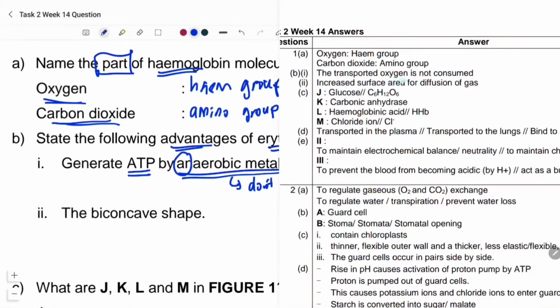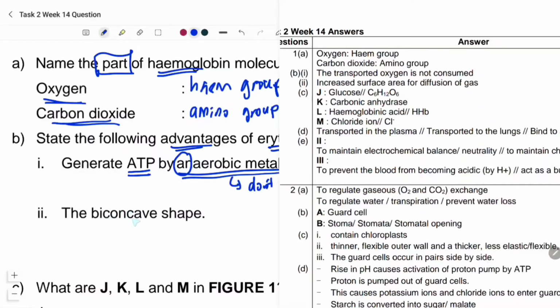Kesannya whatever amount of oxygen yang red blood cell ambil dekat lung tadi, so the same amount of oxygen will be transported to the tissue. Takkan ada oksigen yang missing sebab red blood cell itu sendiri takkan guna oksigen ini. Dia ambil, dia hantar. Untuk produce energy, dia akan guna proses lain untuk produce energy ATP, iaitu proses anaerobic respiration.